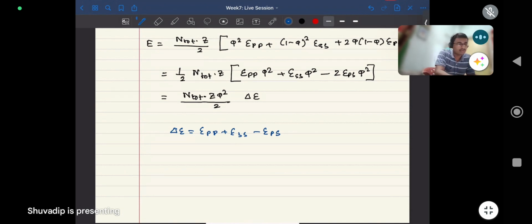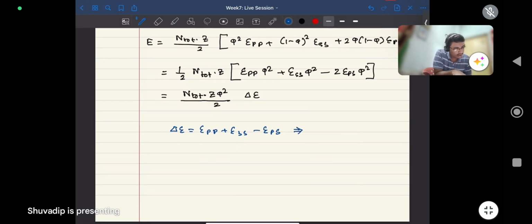This delta epsilon is called the effective interaction. Clear? Effective interaction.